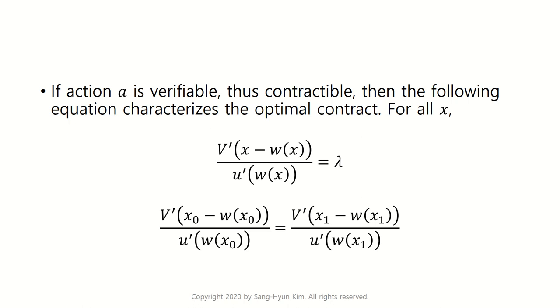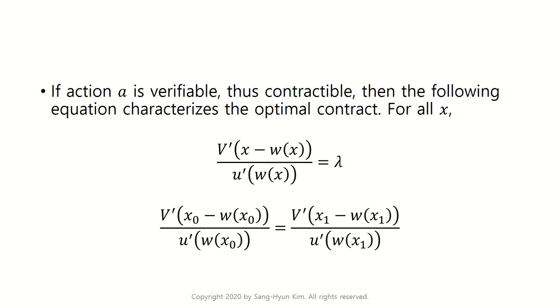What is lambda? We don't know. But what we know is the right hand side, lambda, is not a function of x. On the left hand side of the equation, we have x's, but on the right hand side, we don't have x. So if you take x as a variable, then what that means is the right hand side is a constant.